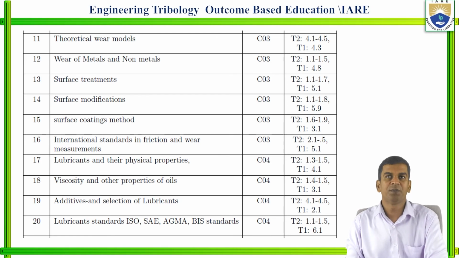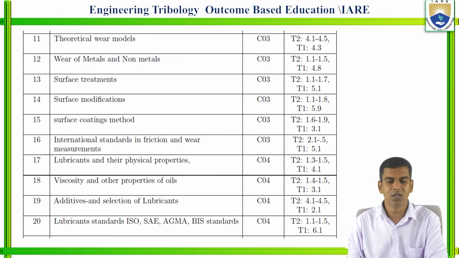Next topic is theoretical wear models. After that, you can see continuously wear of metals and non-metals, surface treatment, surface modification, surface coating methods, and the international standards in friction and wear measurements. All these are related to CO3 and they are referred to the respective textbooks given in the PPT here.